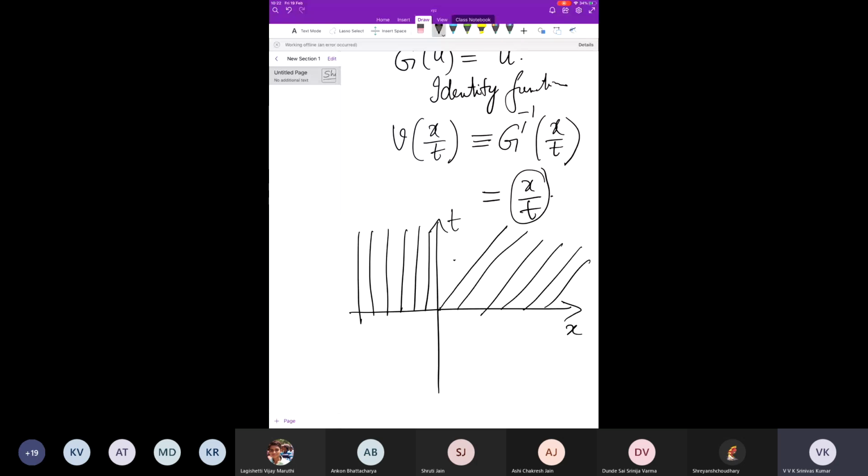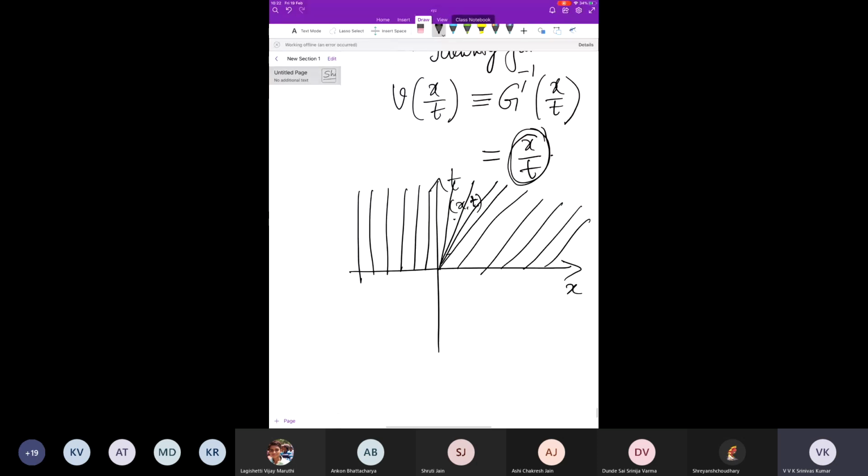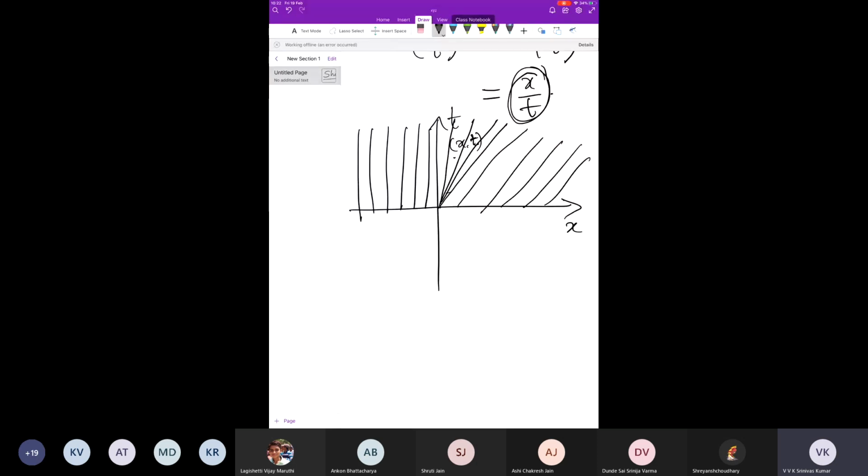For any point x, t here, draw the line x upon t. So these are the lines. Okay. So this is the way we can define this continuous solution.